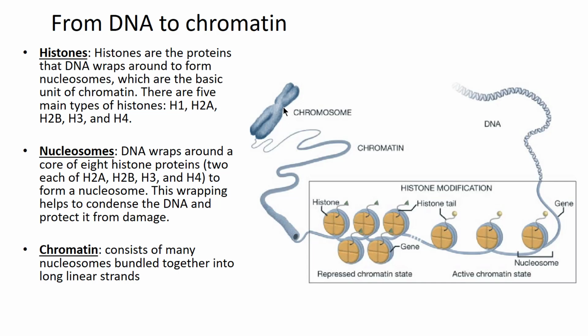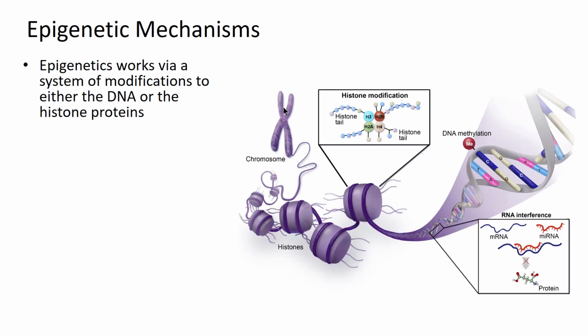So ultimately then, the DNA is packaged up, and as I mentioned, you can't actually read the information when it's all bundled up in the form of chromatin. So what we have to do then is essentially lead the cell to either open or close the DNA. And this is done through one of two ways: DNA methylation or histone modification. So DNA methylation is the addition of methyl groups to the actual DNA molecule itself, as you can see over here.